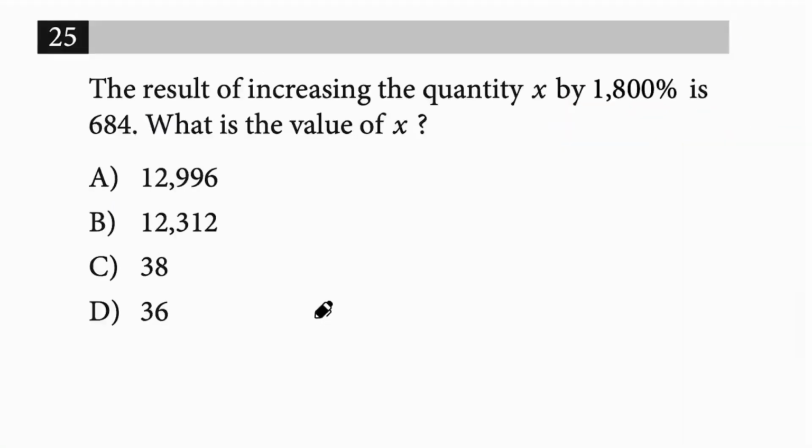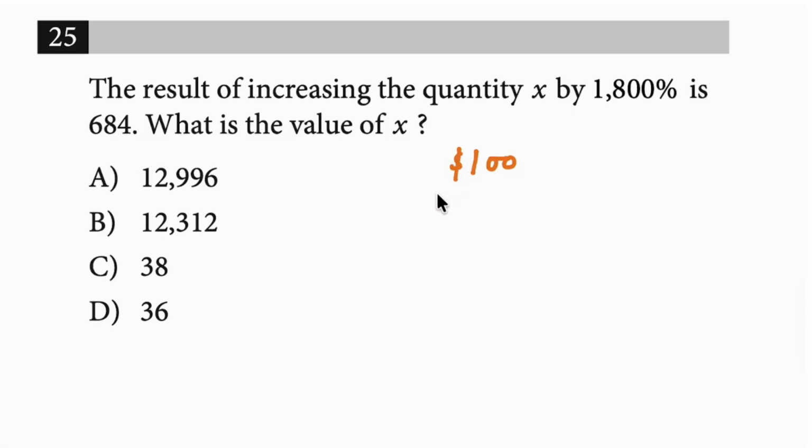Okay. Question number 25. The result of increasing the quantity X by 1800% of X is 684. What is the value of X? Before solving this, let's do some business. Suppose I am a shopkeeper selling shirts, and one shirt or one dress costs $100.